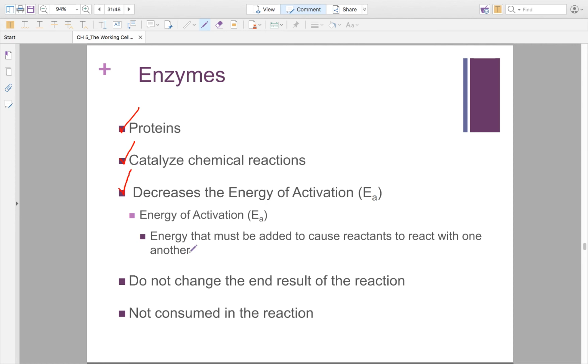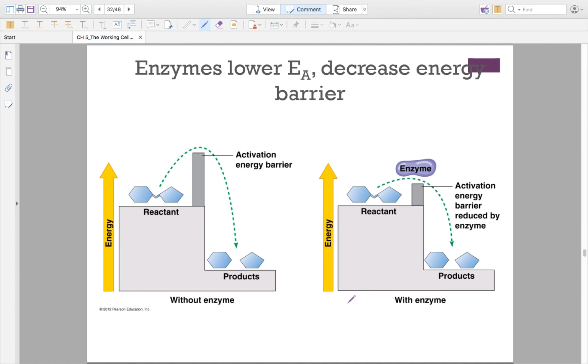The activation energy is the energy required to allow a certain reaction to occur. Enzymes, after catalyzing a reaction, do not change the end result of the reaction, nor are they destroyed or consumed in the reaction. They're just recycled. Enzymes are pretty interesting.